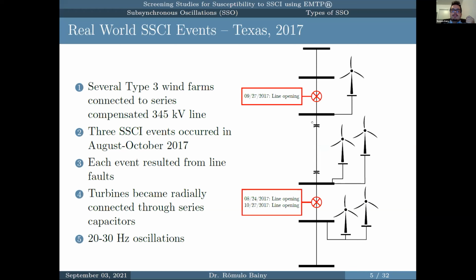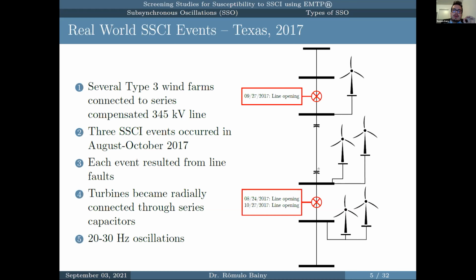And whenever one of these lines, either these or these, is open, we are going to have some of these type 3 wind parks radially connected through this long line here that has series compensation. And basically that is the situation that caused the SSCI to occur.